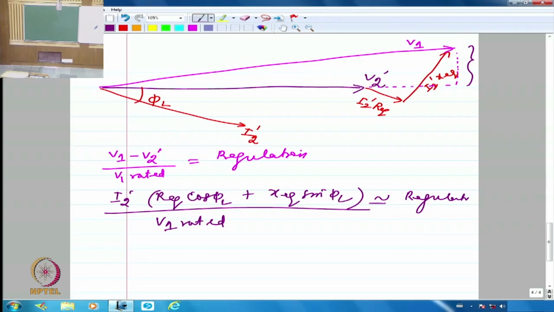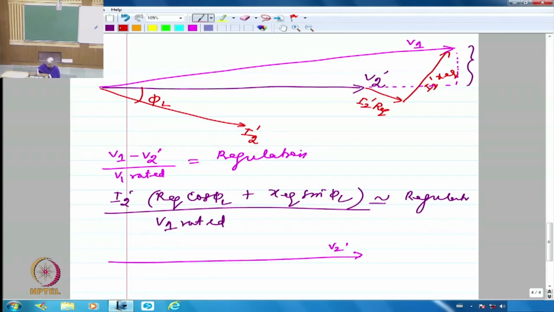Right? I hope you understand why leading power factor gives you an increase in the voltage rather than a reduction in the voltage. Please try to draw the phasor diagram corresponding to the leading power factor condition, or let's quickly draw it. Maybe this is my V2 dash.